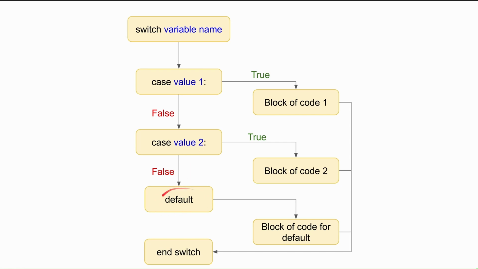Here, we don't need to check anything, we just execute the block of code for the default and then end the switch. So as we can see, when a switch finds the value that is equal to the variable, it doesn't even continue checking all the other cases, and the default is not looked at. It goes directly to the end switch, just like it happened with the if, else if, and else.